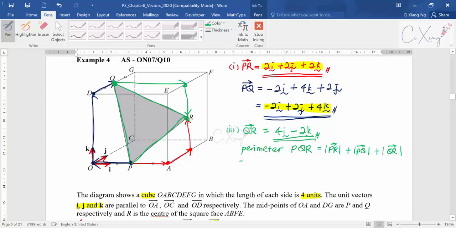All right. Okay, so how to get the length for PR? Again, according to the magnitude formula that we got just now, it should be 2 squared plus 2 squared plus 2 squared. For PQ, it will be negative 2 squared plus 2 squared plus 4 squared. And after that, for QR, it should be 4 squared plus negative 2 squared.